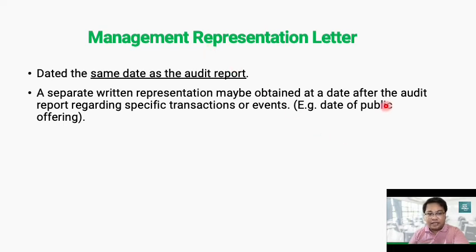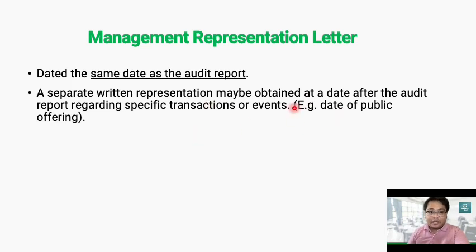For example, the date of a public offering, wherein the client asks us to provide another report related to their public offering. In that case, we need to obtain a separate management letter related to that specific transaction, separate from the management letter that we obtained during the regular conduct of the audit of the financial statements.